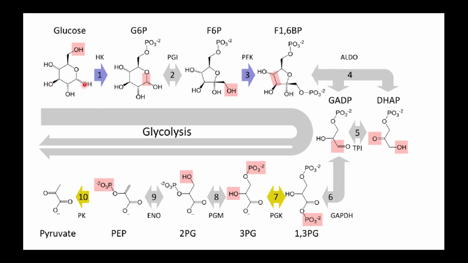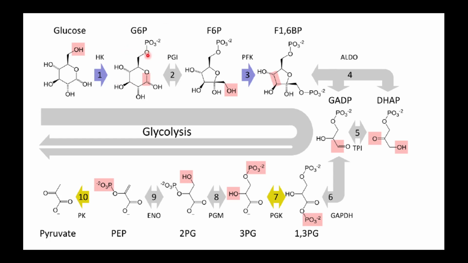So we start with glucose. The first compound that is formed is the phosphorylated form of glucose. At the sixth position, phosphorylation occurs and we get glucose 6-phosphate, and the reaction is carried out by hexokinase, the first enzyme in the pathway.